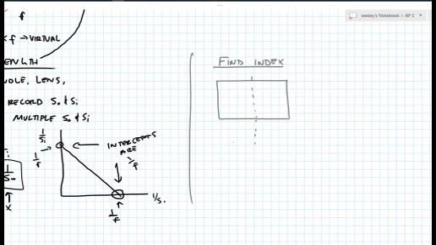Shine a light into the material. Theta incident, theta refracted. So shine the laser into the material.